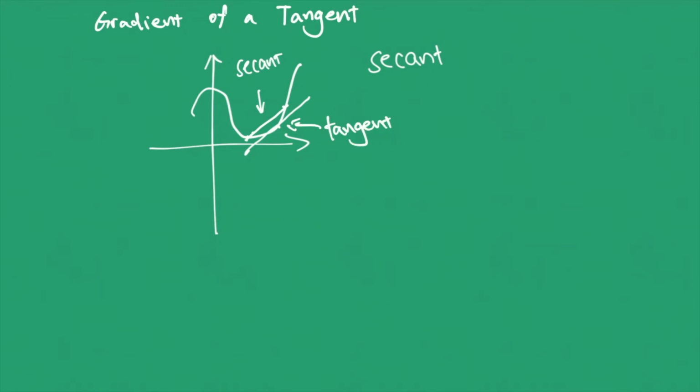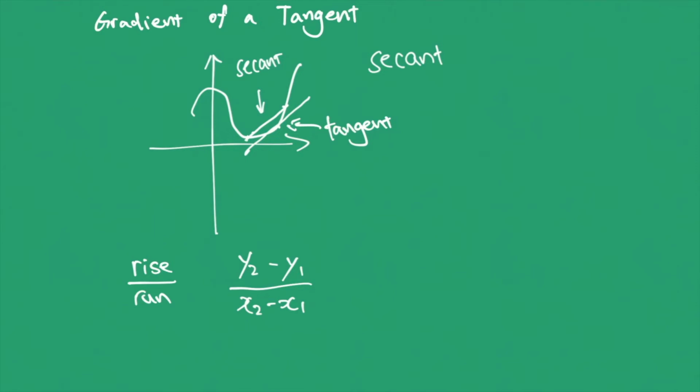So we can find the gradient of a secant by using rise over run, which we've learned in year 8. If we know the values of these two points, we could figure out the gradient of the secant.